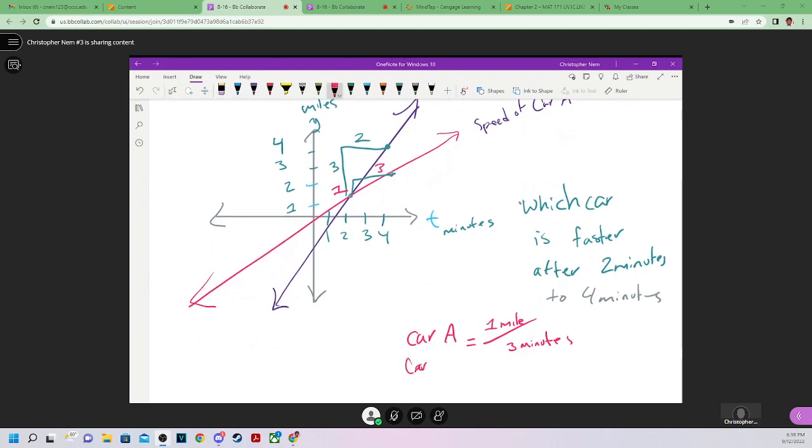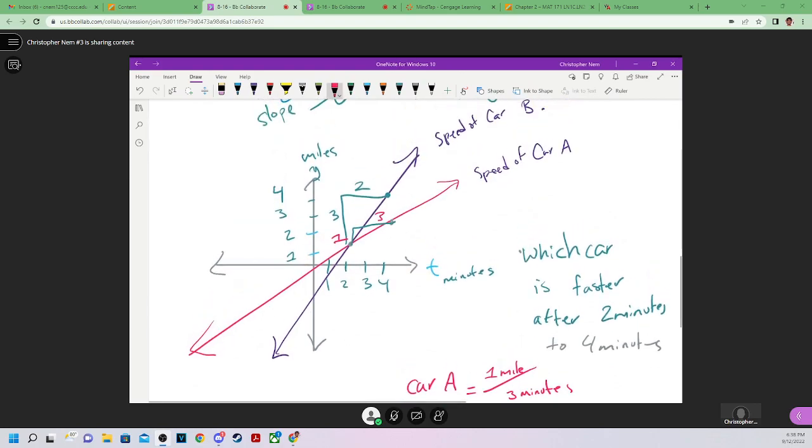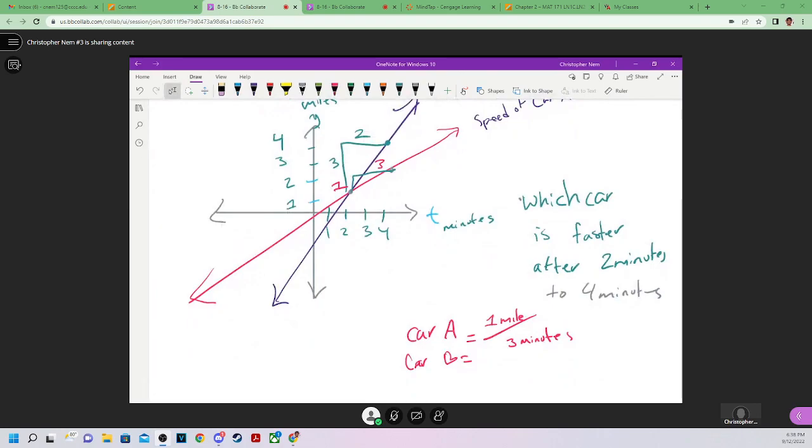Car B went at a speed of, my rise is 3 miles over 2 minutes. And if I simplify that, that becomes 1.5 miles over 1 minute.